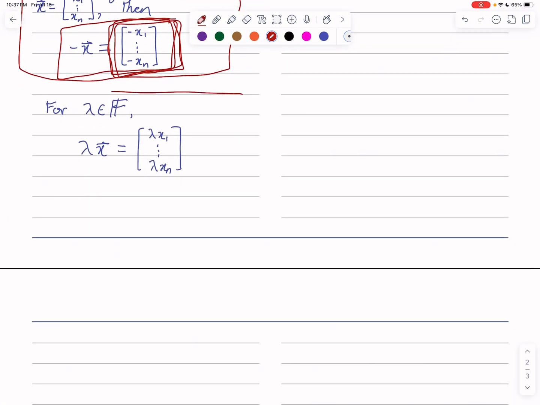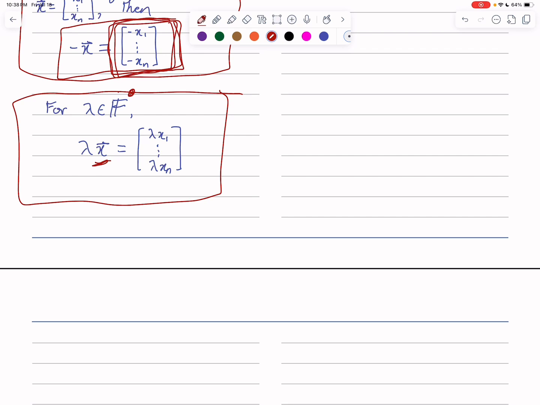And finally, we define what it means to take a single field element, this lambda, and multiply our list by a single field element. Multiplication between lists of length n will not generally be defined, right? If you have two lists of length n, there is such a thing called the Hadamard product, but we won't really use that in this course.